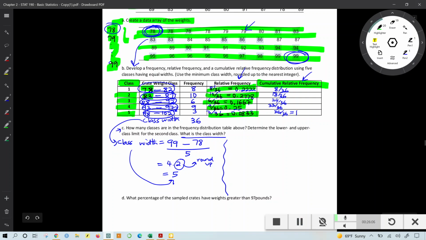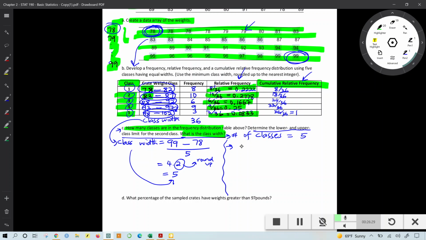We've already completed how to establish the class width. The next question is, how many classes are in the frequency table above? The number of classes is 1, 2, 3, 4, 5. There are 5 of them. Then next, we're to determine the lower and upper class limits for the second class.